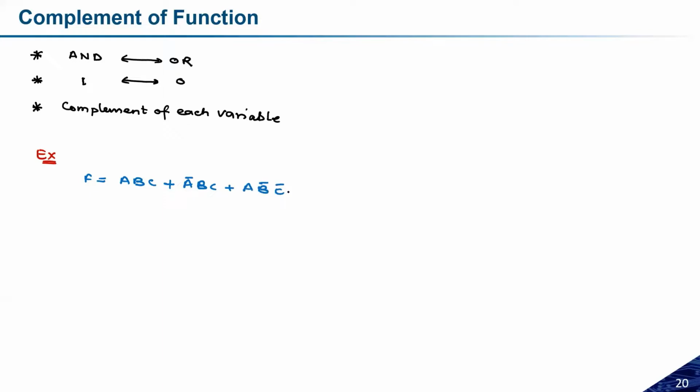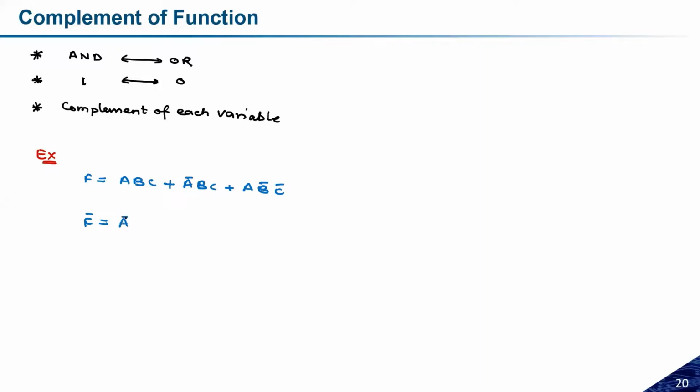Suppose I have this function, and if I have to find the complement of this one, f bar, then f bar is nothing but follow the same relation. Here a b c will be replaced with a bar plus b bar plus c bar. Okay, a bar plus b bar plus c bar.